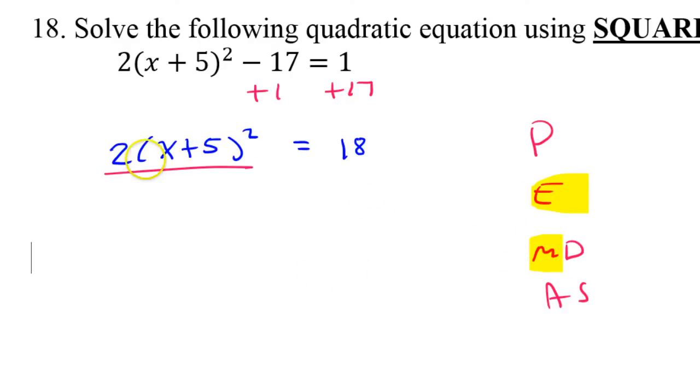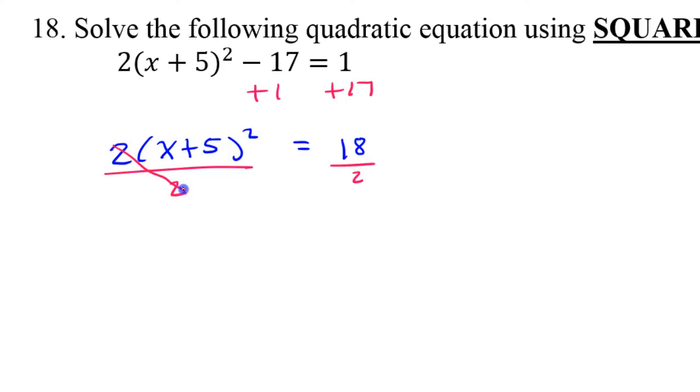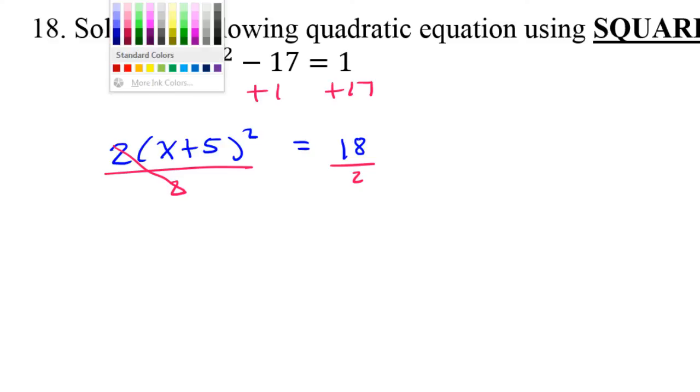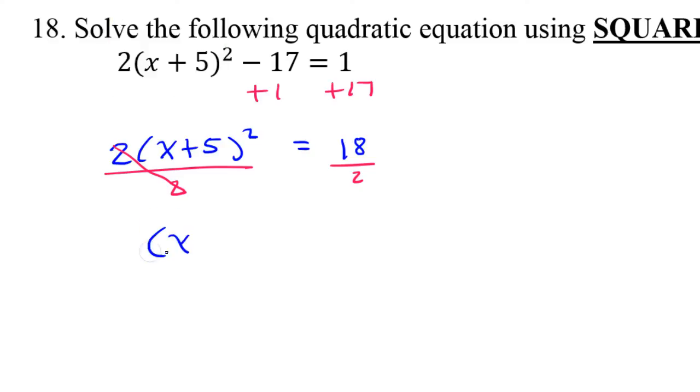Exponents come first, so you can't multiply before you've done the power. So instead, we're just going to divide both sides by 2. Those will cancel out, and that will leave you with x plus 5 squared is equal to 9.